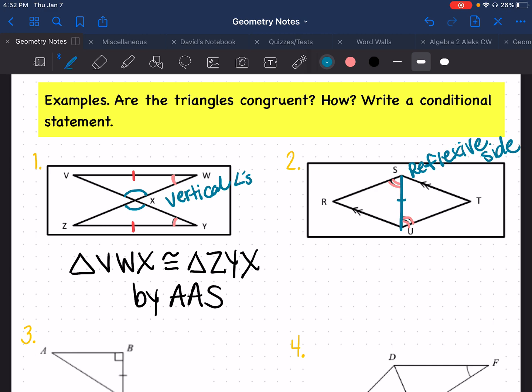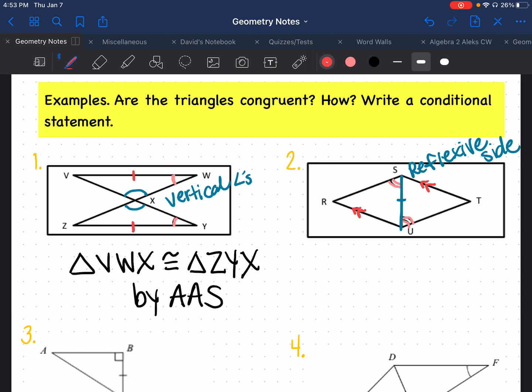Now, what I'm also hiding in this last one are the parallels. These do not tell me that RU and ST are equal, but it tells me that I have another set of equal angles. Parallel marks on a triangle are going to give you equal angles. So you can always go back and look at the proof flow chart that I added to the third nine weeks folder, or maybe last time's assignment, Tuesday, Thursday or Friday's assignment.